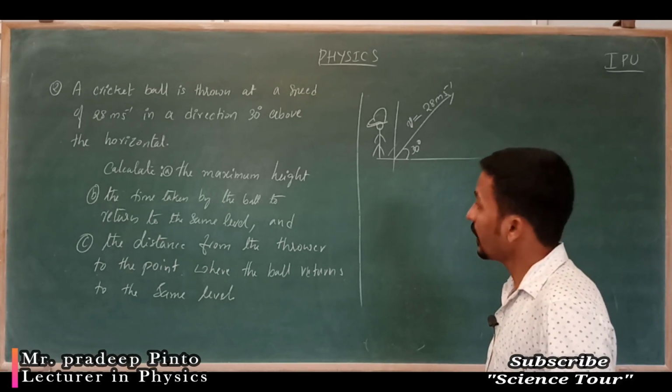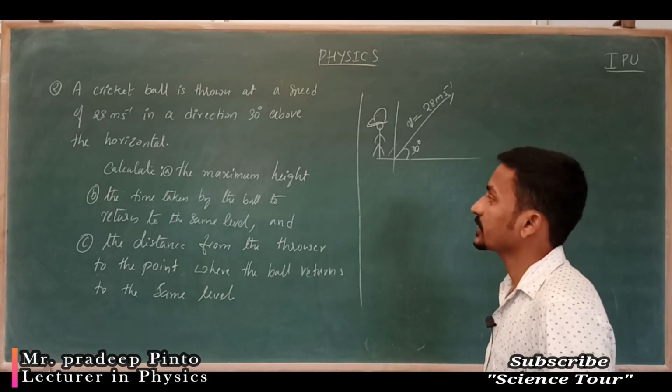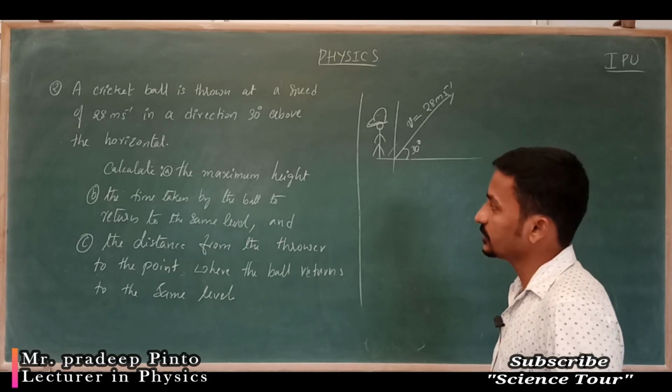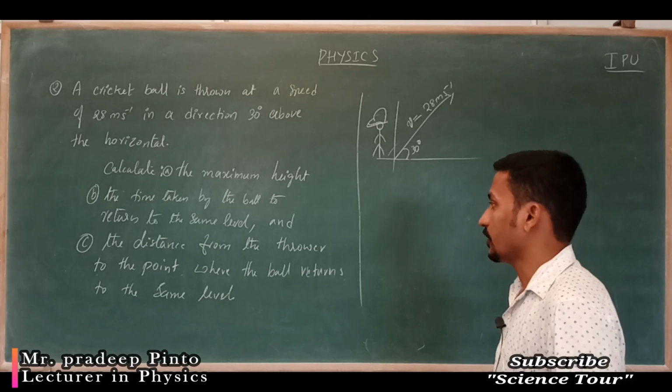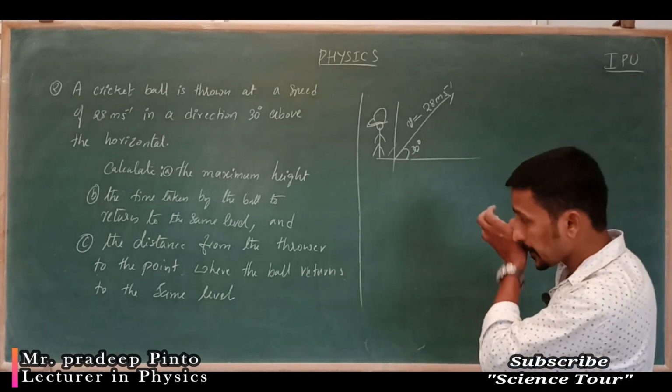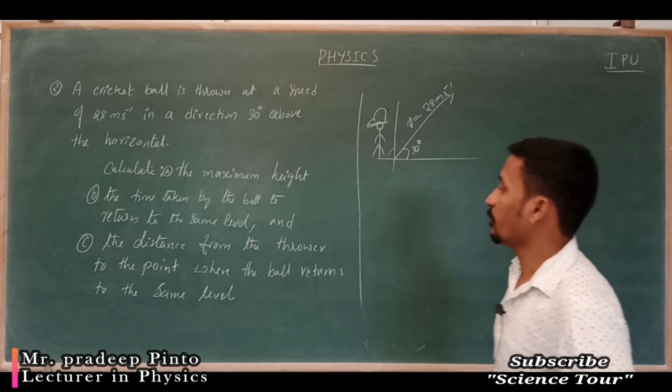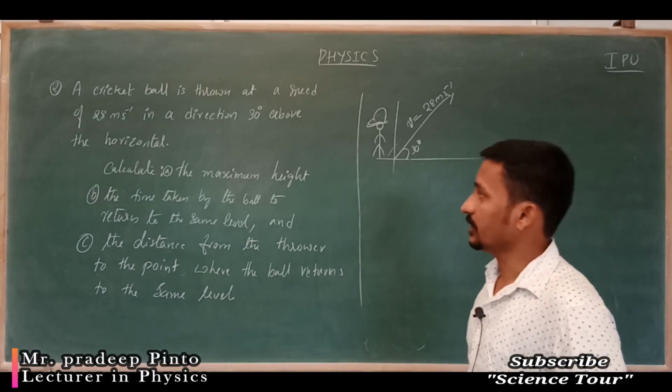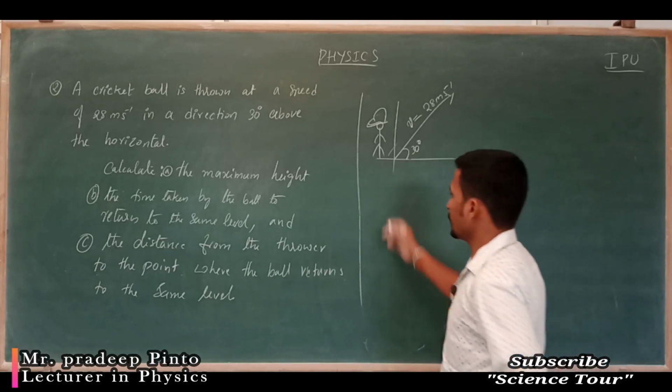Calculate the maximum height, the time taken by the ball to return to the same level, and the distance from the thrower to the point where the ball returns to the same level.